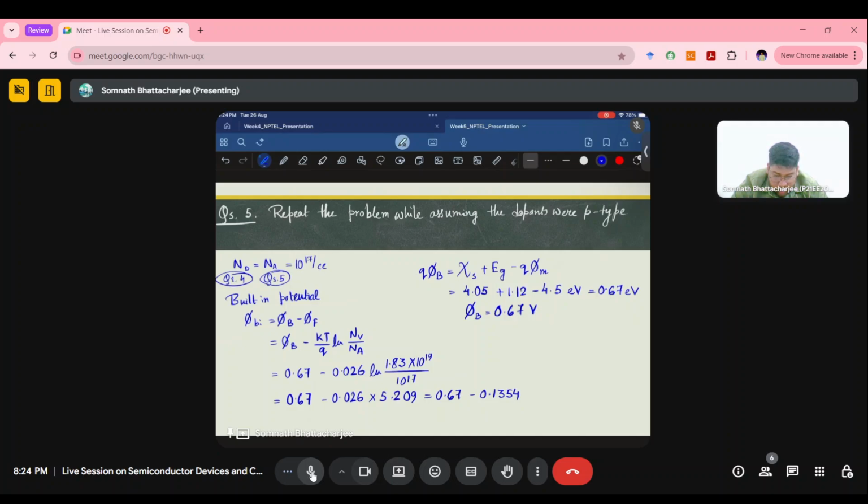So it is 0.5345, in volts. Let's write it as 0.535 volts. Okay, so the first answer is this, and the second answer is this.